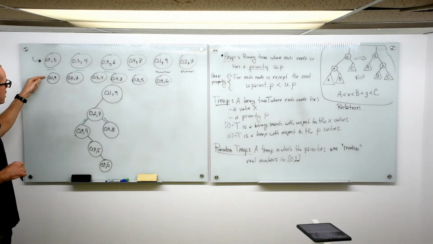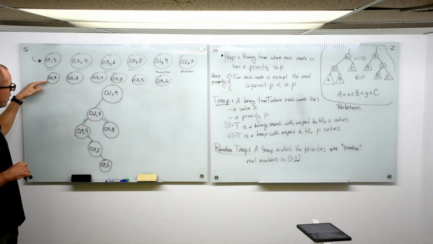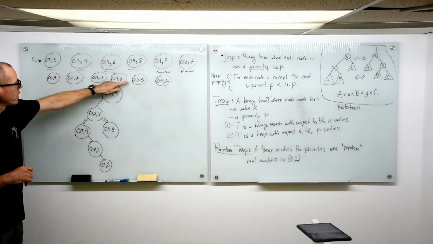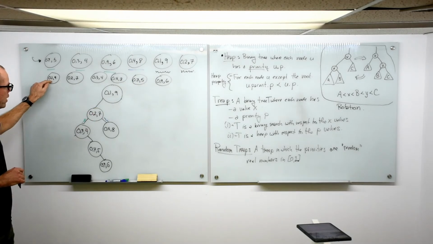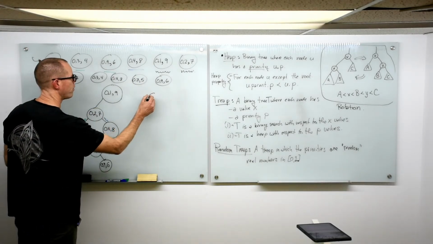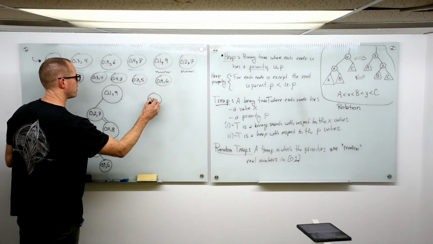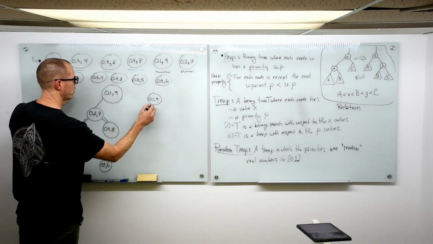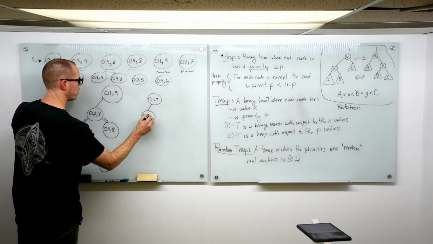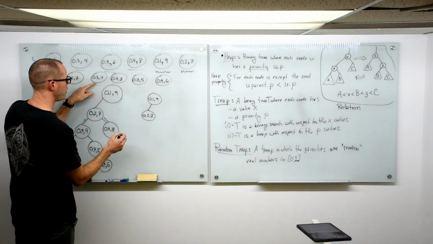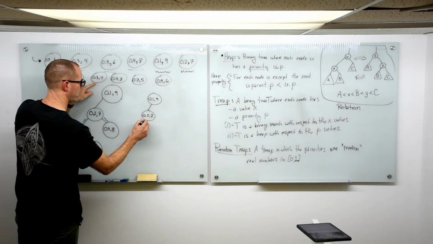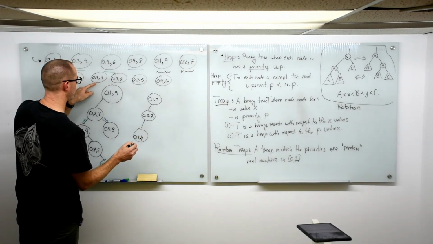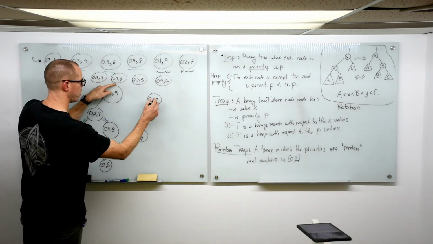And now look at what happens. If I add these things to a binary search tree in this order, using the keys, then yeah, the first thing is this. Then I have to add this. Then I have to add this. Then I have to add this.